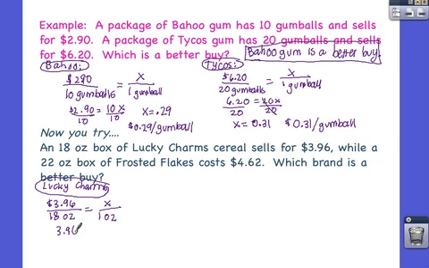So you have 3.96 equals 18x, divide both sides by 18.